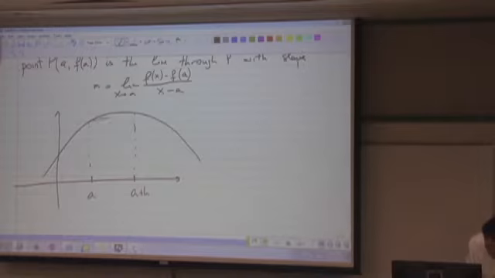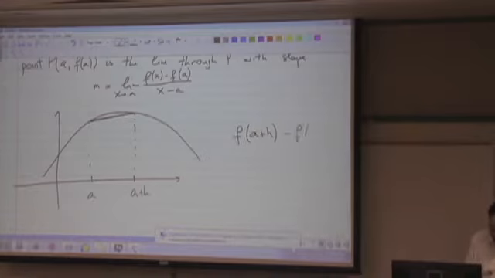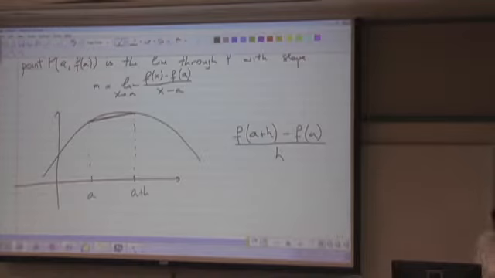Can you tell me what the slope of that secant would be? f of a plus h minus f of a divided by a plus h minus a, right? This is the distance. This length is h. This height is that, right? Does this look familiar? Yes. What do we call these? Difference quotients. Now do you understand why we put so much effort into them?